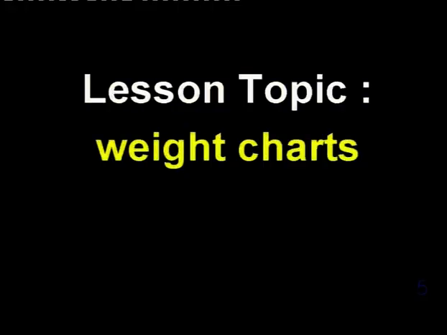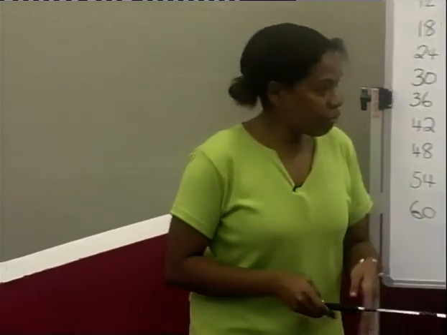All right, so that brings us to our topic on weight charts. Now 8Es and receiving teachers, in your books you have an example of data information given of the weight of a child. You have it as data in a table and also in a graph form.